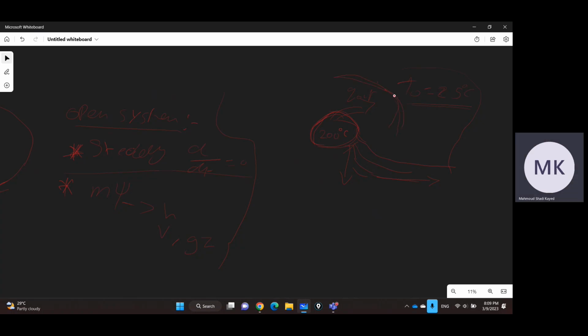So we say that this is our new boundary for the system. Initially it was here, so we moved it a little bit further so it reaches equilibrium with our environment. What is the benefit of this? Now there is no exergy transfer by heat.